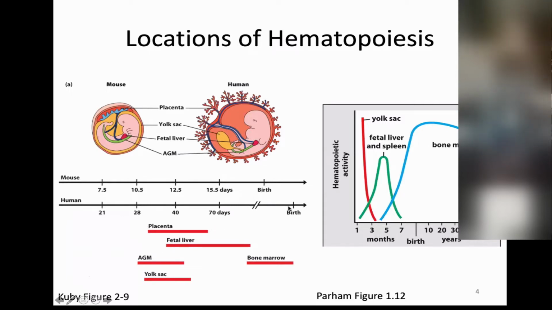But right before birth and from birth on, all of our hematopoiesis, so all of those hematopoietic stem cells, and in fact, all of our B cell development will be going on in the bone marrow. So we are completely in the bone marrow for all of this process that we're talking about.